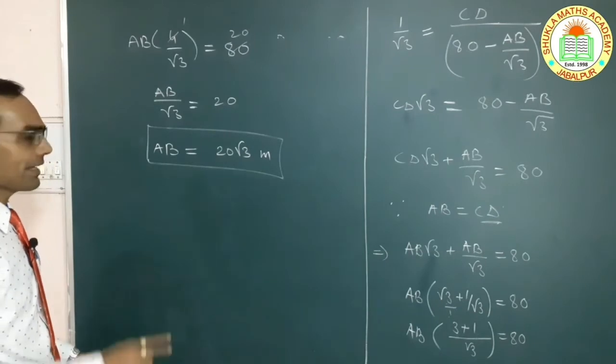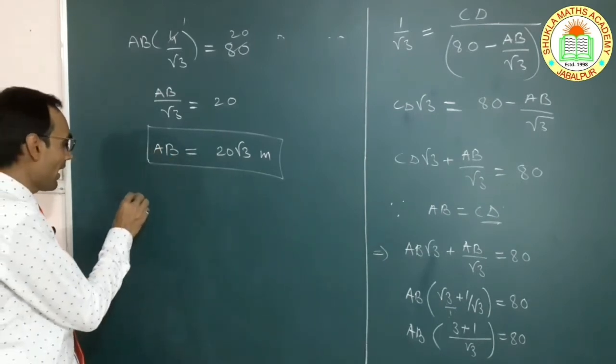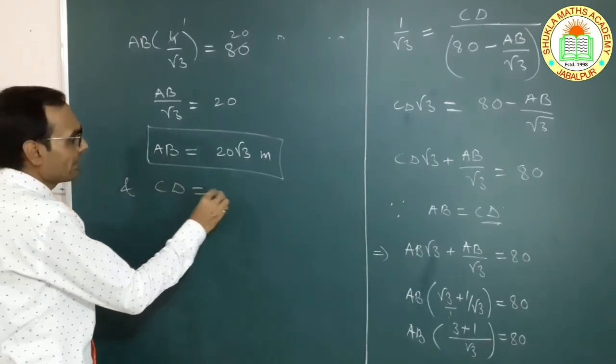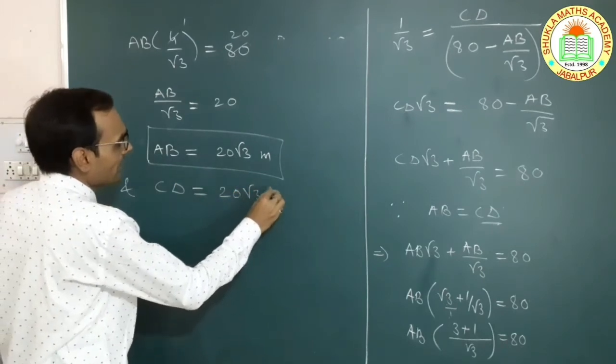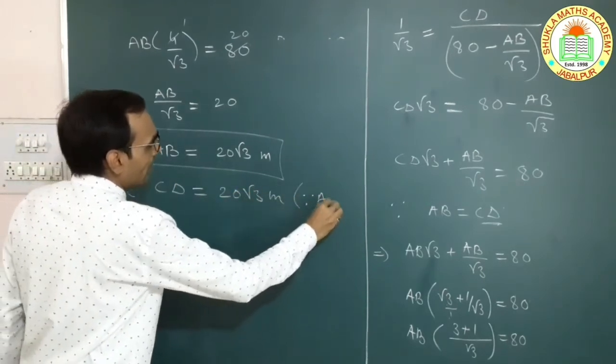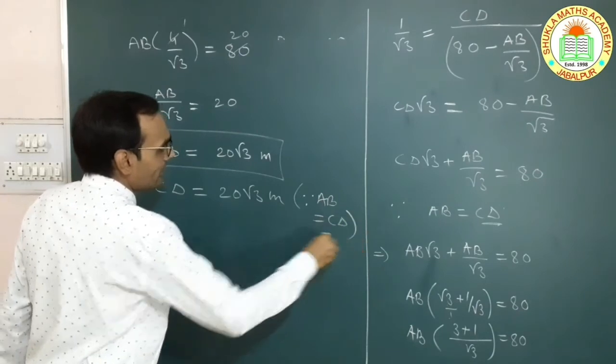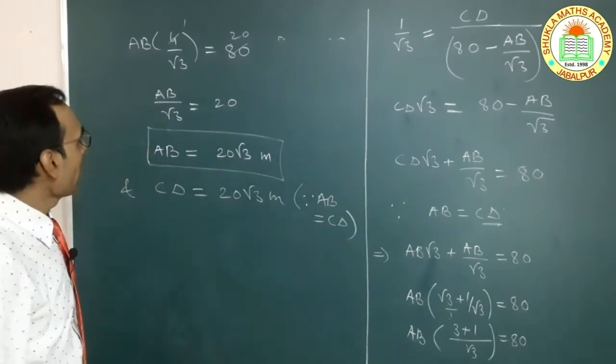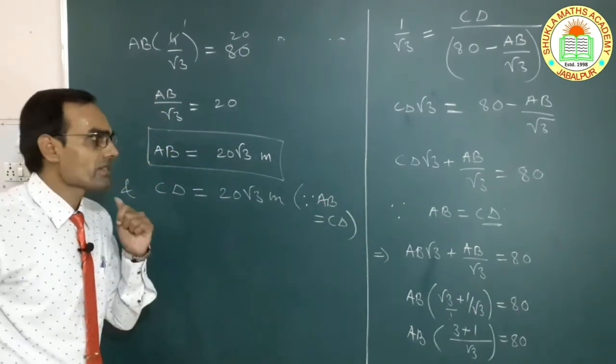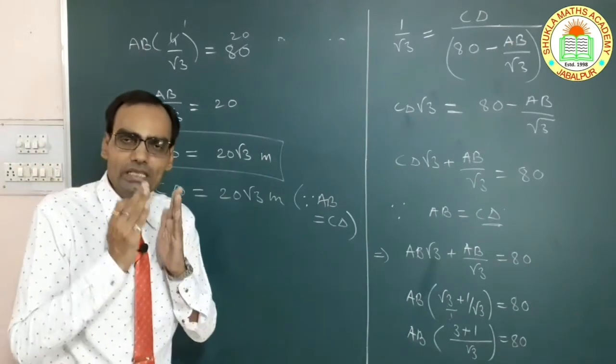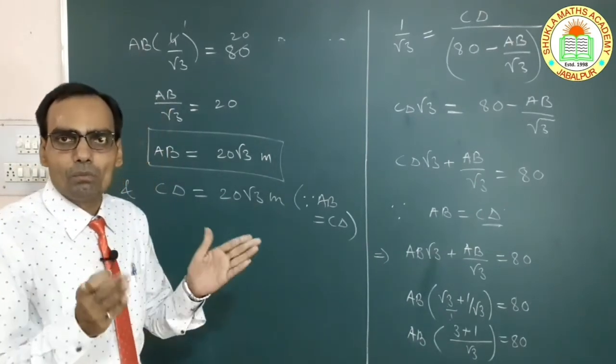So the height of tower AB is 20 root 3 meter and also CD is 20 root 3 meter because AB equals CD. It is given. Also we have to find the distance from the center point of both poles.